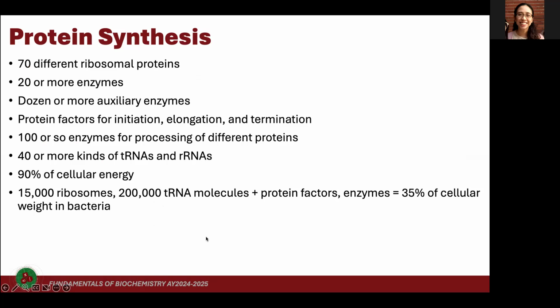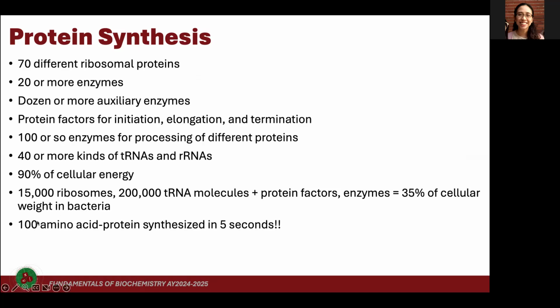So in total, there are 15,000 ribosomes, 200,000 tRNA molecules, and including protein factors and enzymes. If we take into account all of these, that is equal to 35% of the cellular weight in bacteria. And again, what we are trying to highlight here is the magnitude or the importance of protein synthesis.